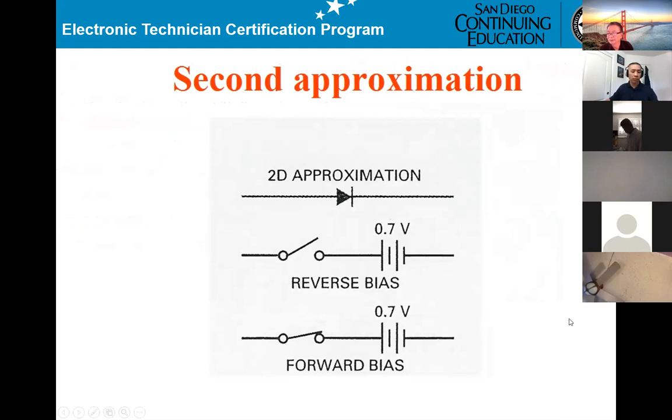Okay, so that is the second approximation. Every time you say it is on, you can use a battery of 0.7 volt. The thing is, when it is on, you don't have the diode in the circuitry anymore. It must be substituted by 0.7 volt.